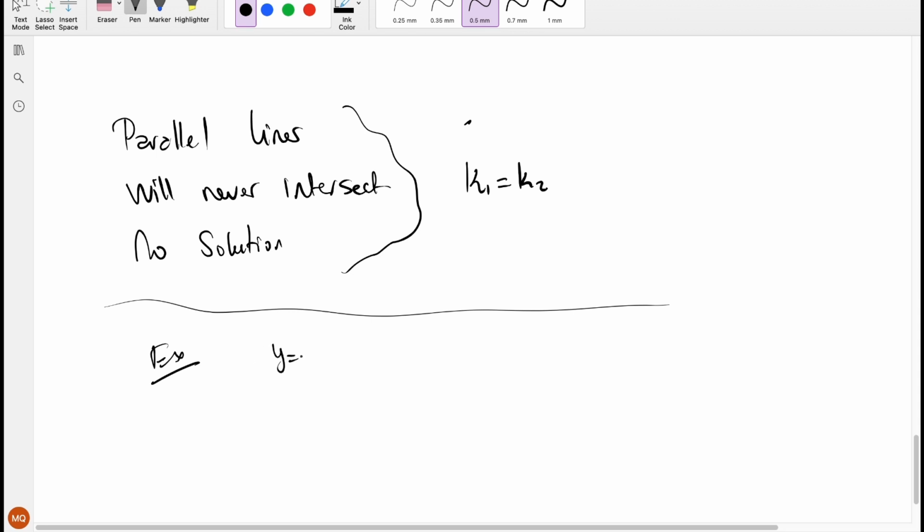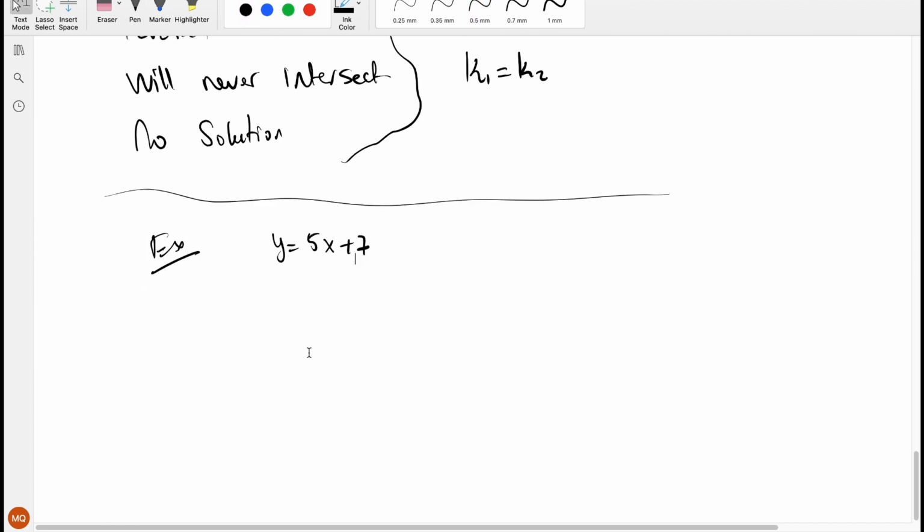Let's say that we have a line like 5x plus 7. There's a second line which is parallel to this one and passes through the point 2, 10. So we have to think about it like this. y is equal to, for the second line, let's say kx plus b.